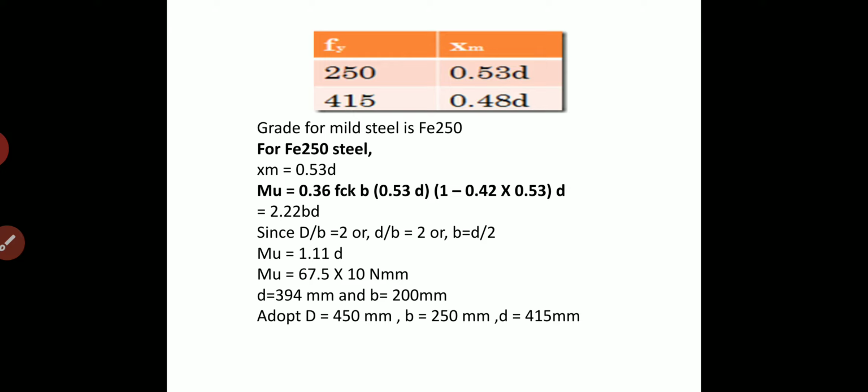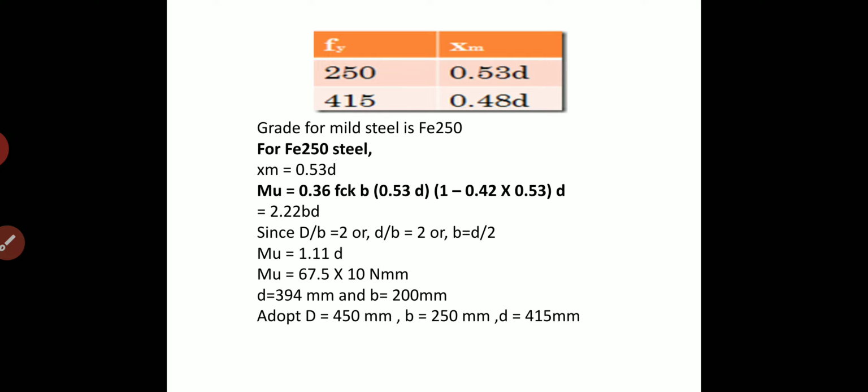In previous videos we discussed this table. So here we use mild steel, which is fy 250 or Fe 250. So we take from this table the value xm equal to 0.53 d.